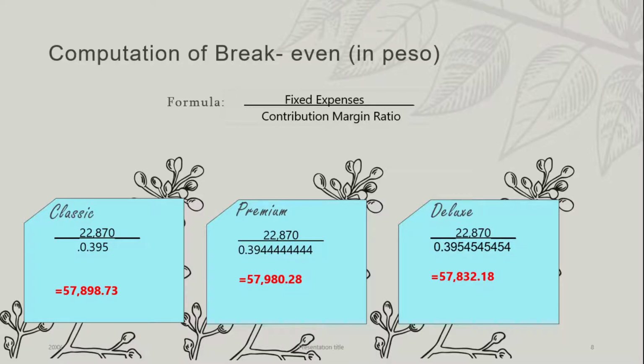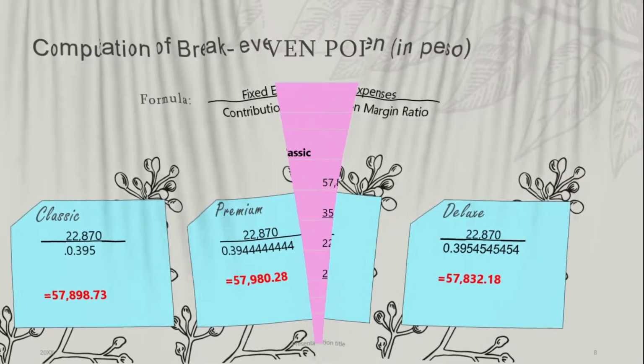And for Deluxe, we have 22,870 divided by 39.50% is equal to 57,832.18. As you can see here is the break-even point in peso for each category of milk teas.